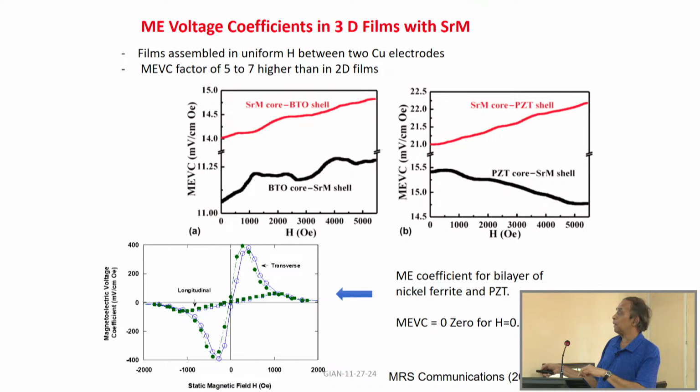Here at 0 bias field, the voltage coefficient is 0, whereas here with strontium ferrite, barium ferrite core or strontium ferrite PZT core fibers, the value at 0 field is always quite high. That is because of the self-biasing effect, because M-type ferrite has very high magnetocrystalline anisotropy. So, you do not need a bias magnetic field to get a decent strength for the magnetoelectric interaction, even in the absence of an external bias magnetic field.